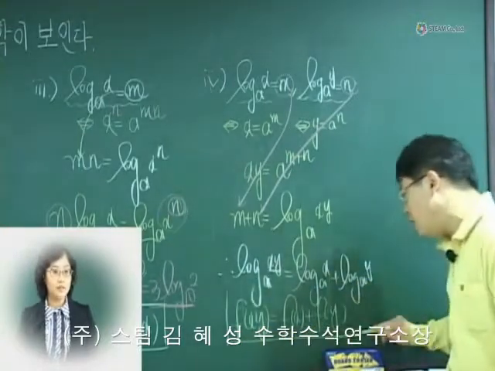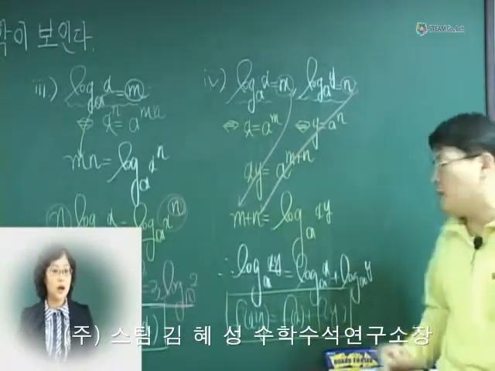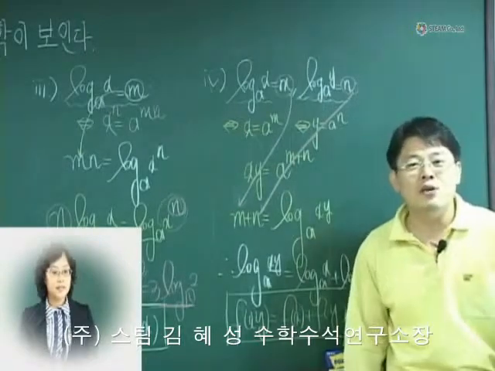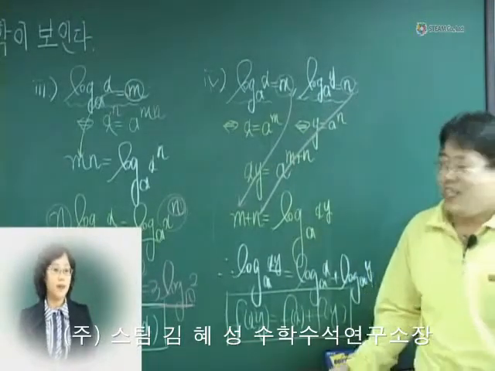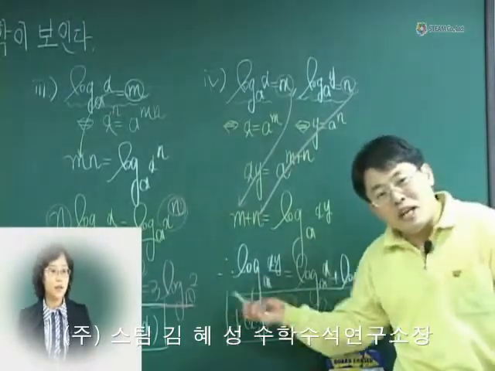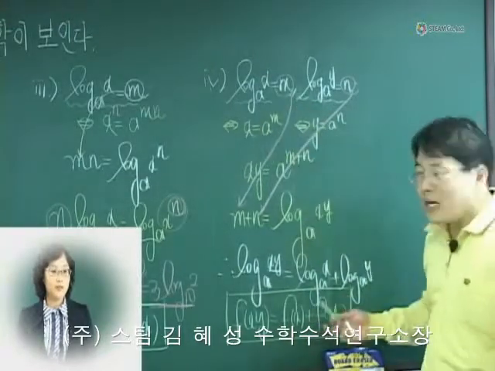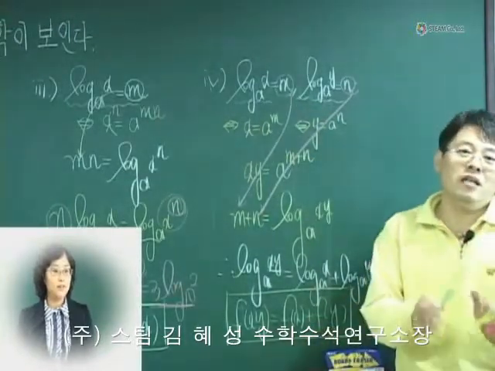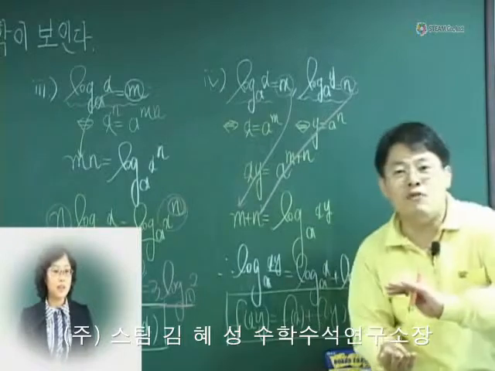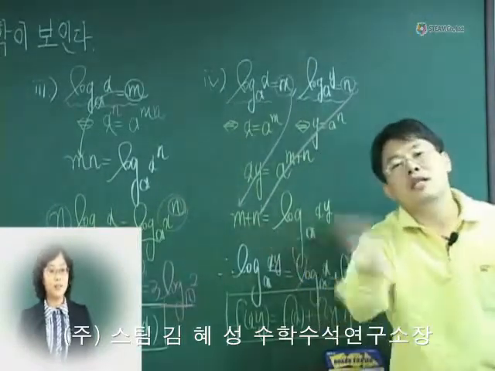When you see this kind of formula or equation, this is about logarithm. Now we have learned 4 kinds. Even the formulas are 4. If you don't study generally, it takes a lot of time.